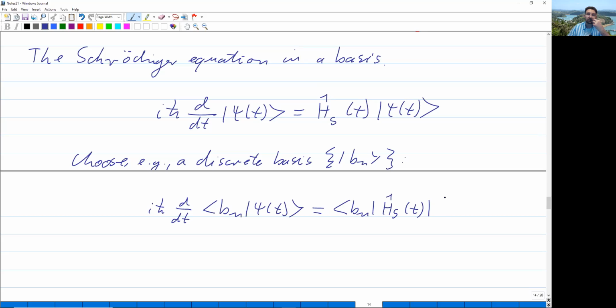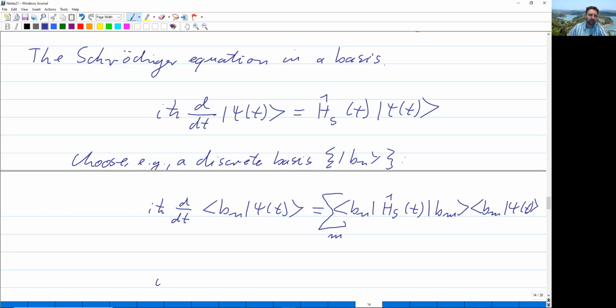But let's insert a resolution of the identity. Sum over m, and then B m psi of t. And what is this now? Well, this is obviously the wave function of psi in the B n basis.